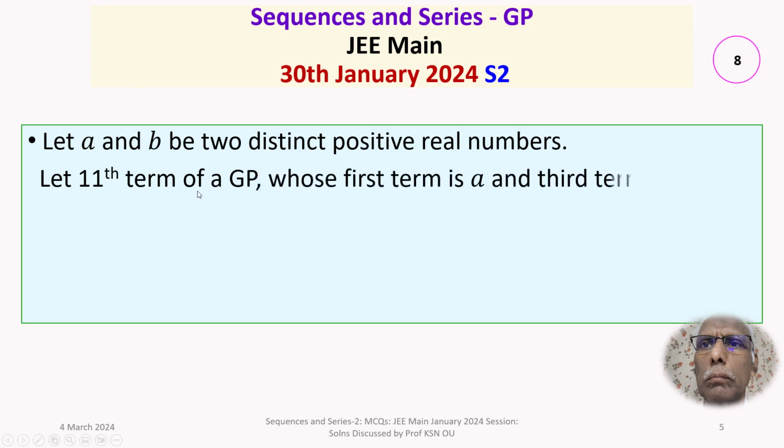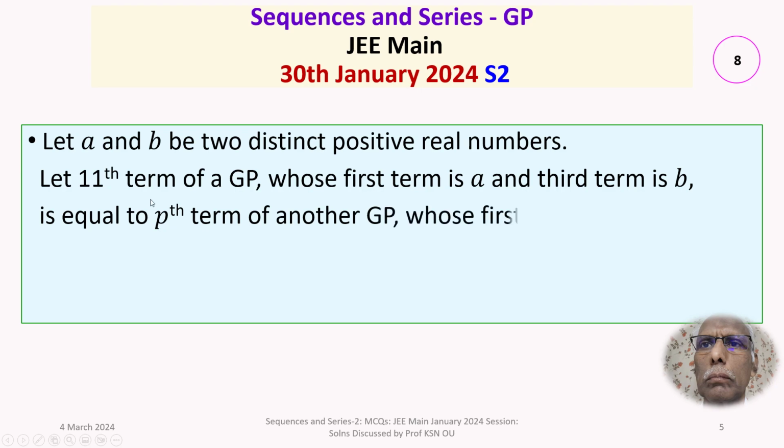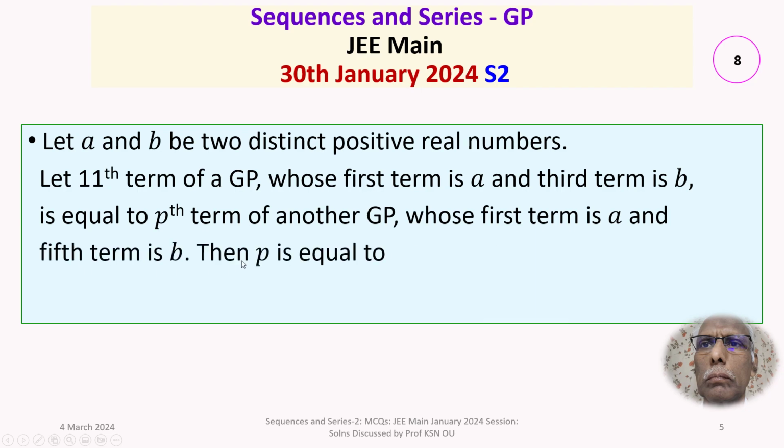Let the 11th term of a GP, whose first term is A and third term is B, be equal to the pth term of another GP, whose first term is A and fifth term is B. Then P is equal to.